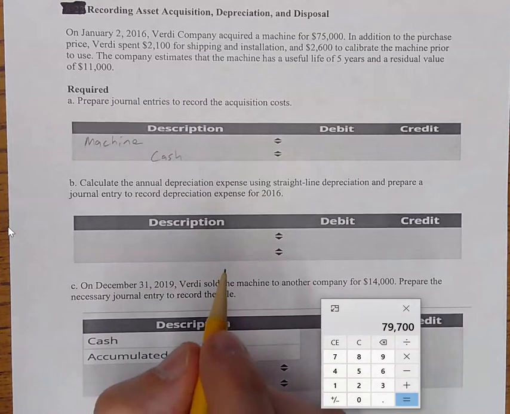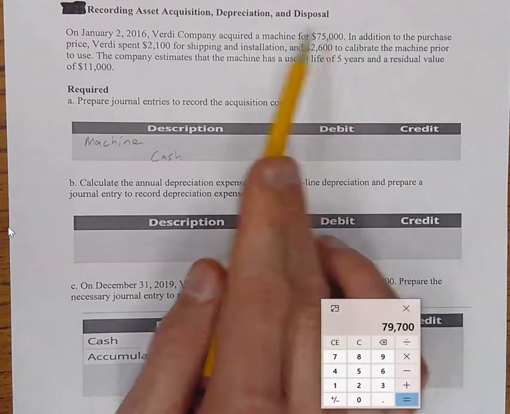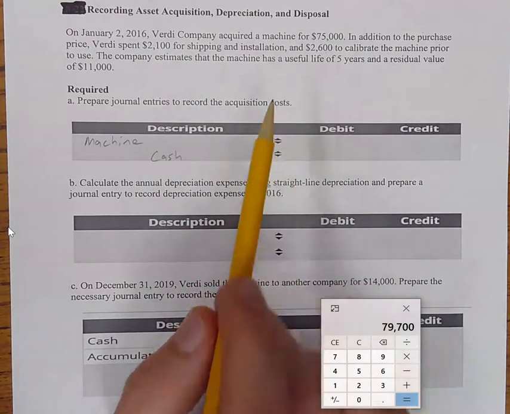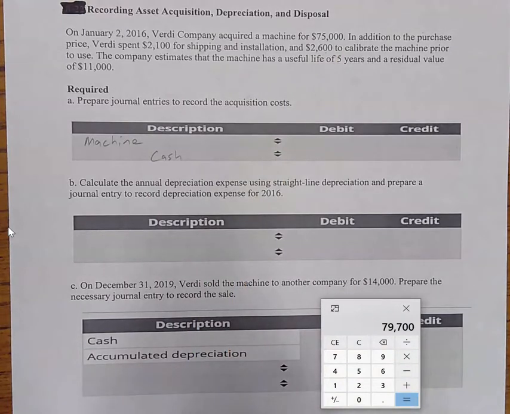Now in reality, we might have done these items not on the same day, but close to the same day. And so we could have up to 3 different entries for this. And at the end of it, our asset value would still be the same, 79.7.